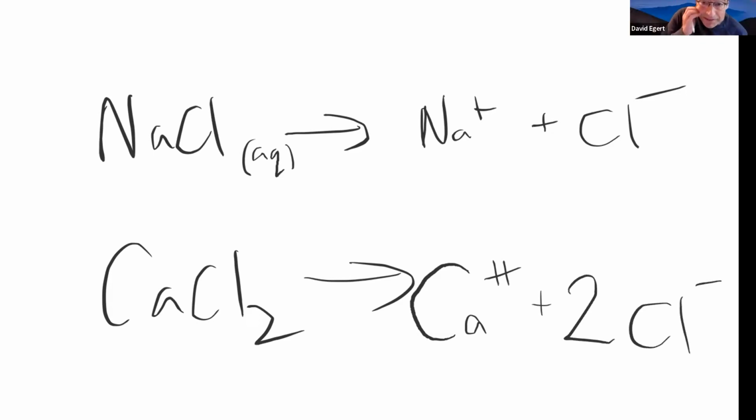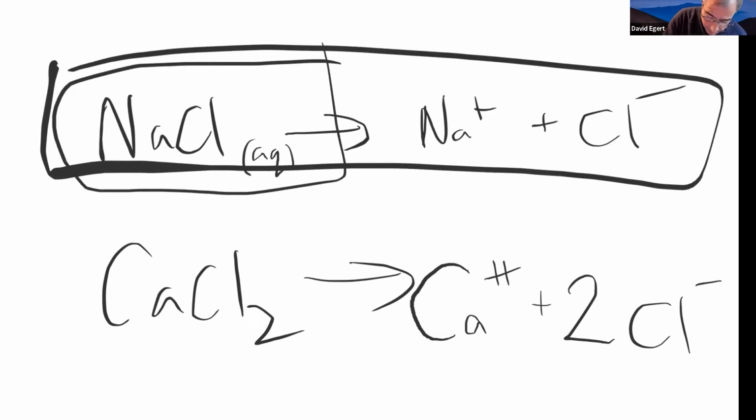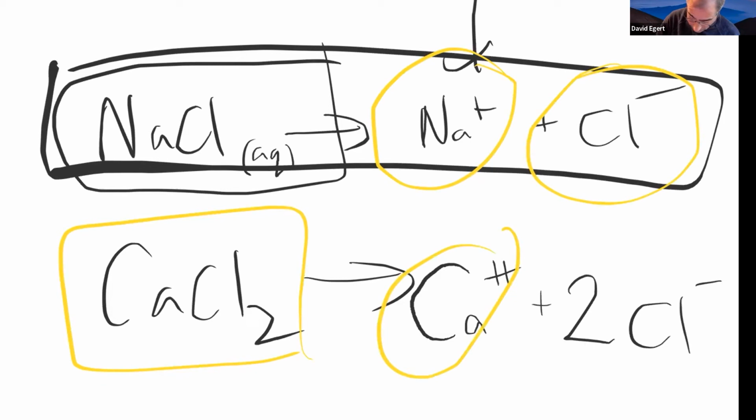This is going to be important when we get to what we call osmolarity. Next class, I'm going to get much more into how we specify concentrations. Each NaCl becomes 2 particles in the water. Each calcium chloride becomes 3 particles.